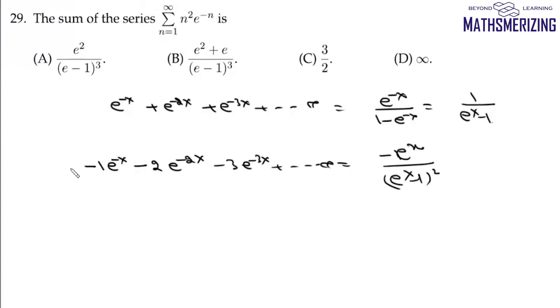Now what we'll also do is we'll differentiate it one more time. So we'll differentiate it again, we'll get 1 square into e to the power minus x plus 2 square into e to the power minus 2x plus 3 square into e to the power minus 3x up to infinite.